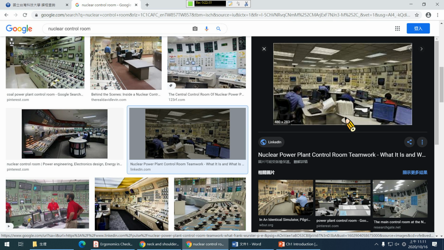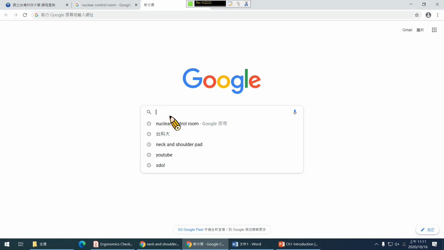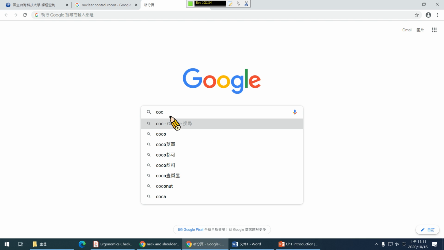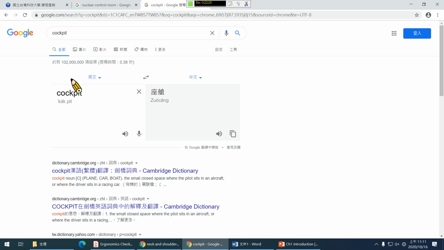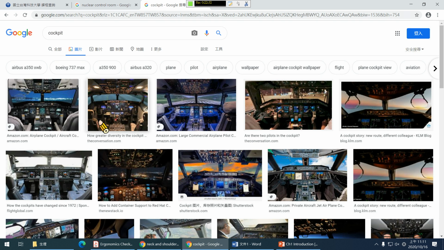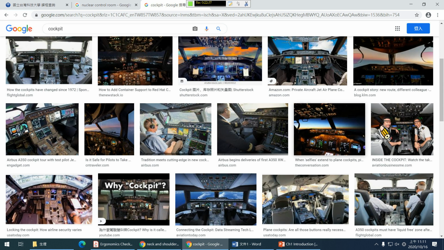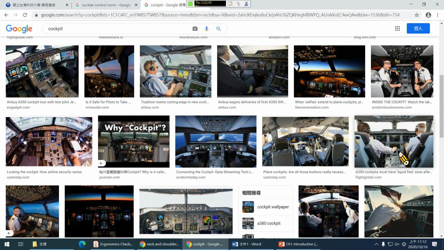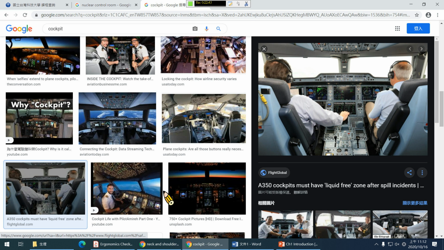Another situation, let me tell you, is the cockpit. How many people are working in the cockpit? You know this, right? How many passengers? Can be 300, 200, 500.